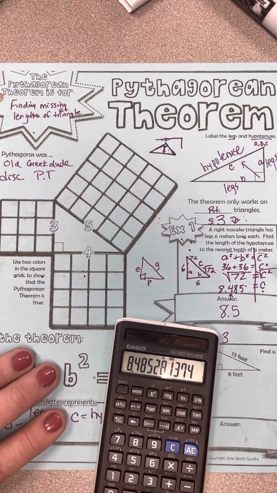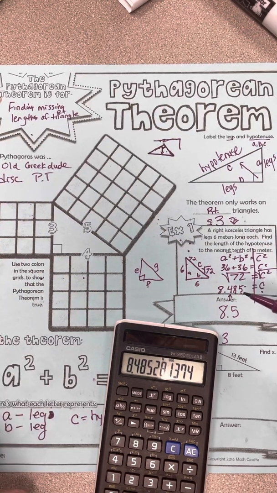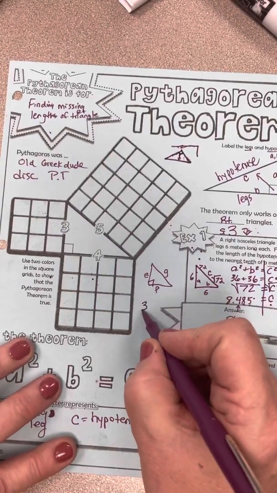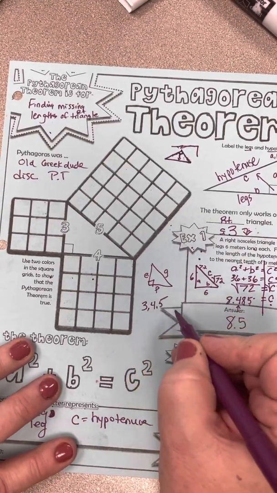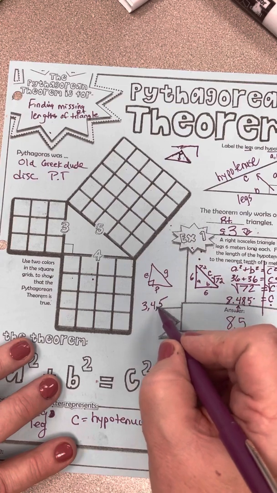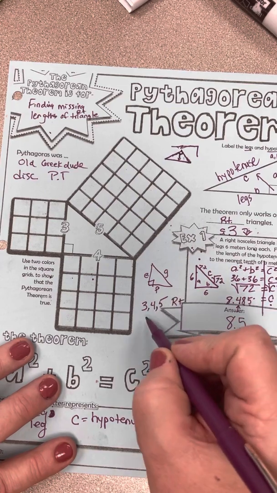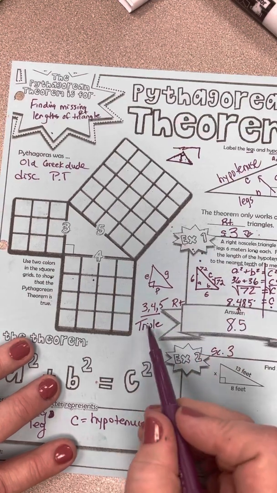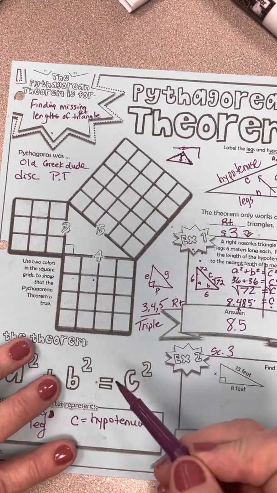Okay, now sometimes your right triangles will work out where you have a perfect square root and you'll have a whole number. Okay, like we've already learned that 3, 4, and 5 all do form a right triangle, and we call this a Pythagorean triple, because the sides are all whole numbers.